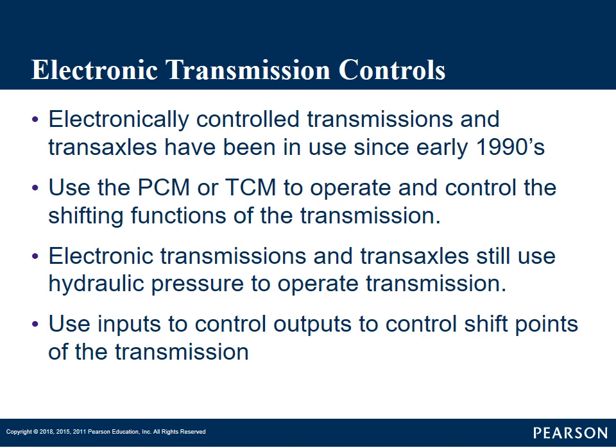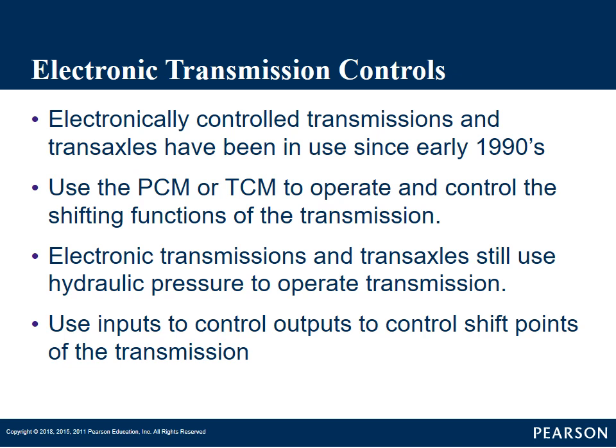In the early days of electronic transmissions, it was relatively common to see a separate transmission control module for the transmission and a PCM or an ECM for the engine. Then many manufacturers went to just a PCM, powertrain control module, to operate the engine and transmission.